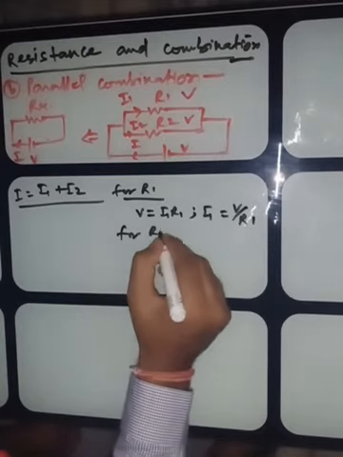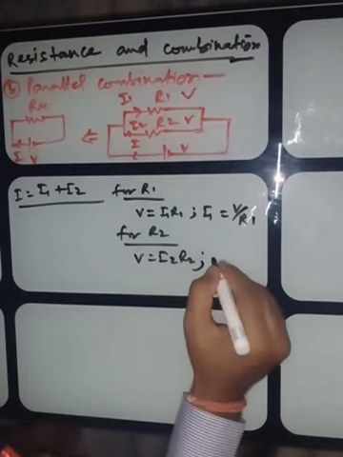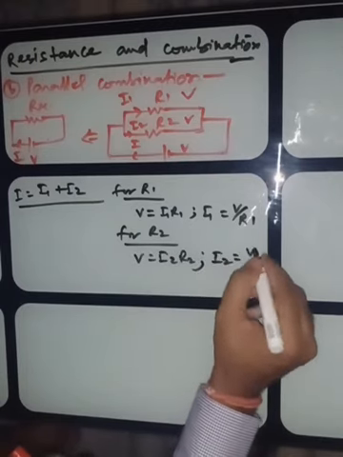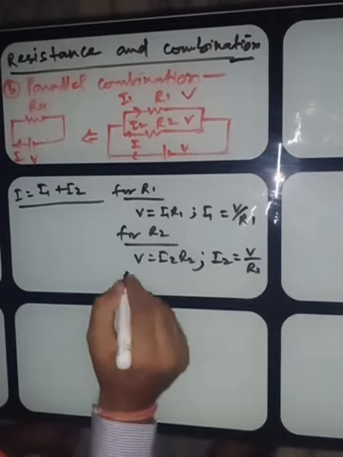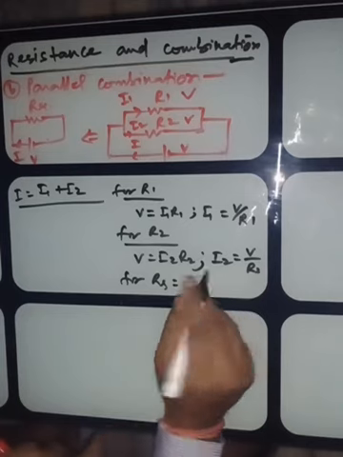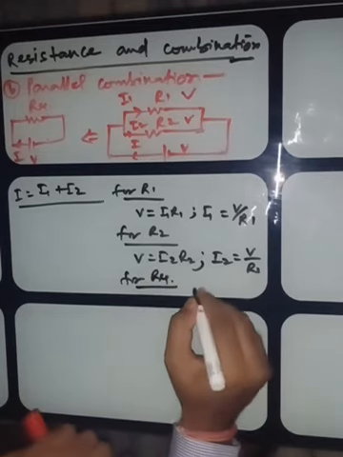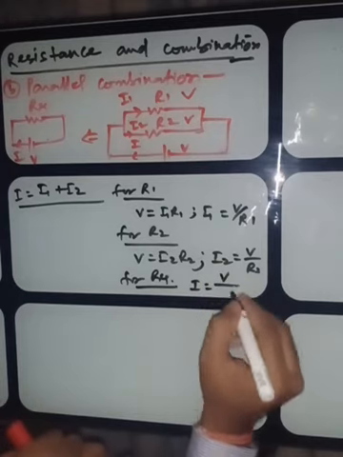Similarly, for R2, V equals I2 R2, or I2 equals V by R2. And for R equivalent, you can write directly I equals V by R equivalent.